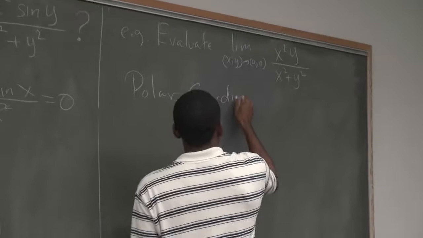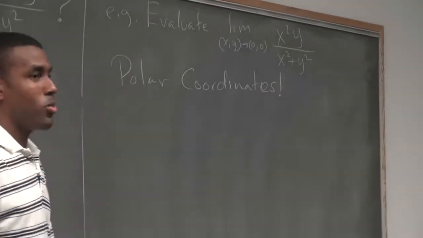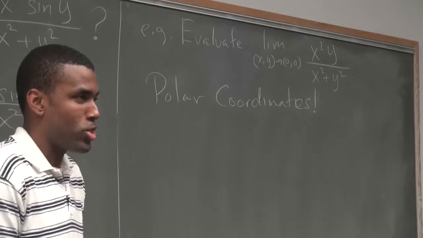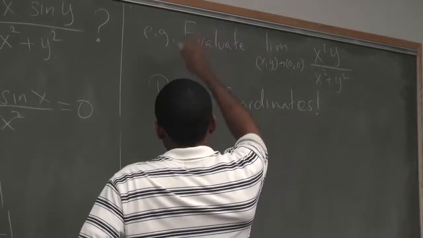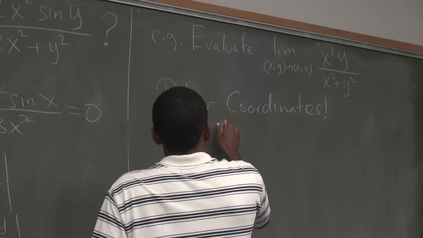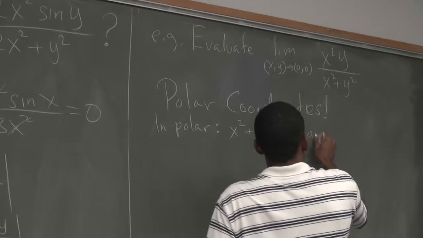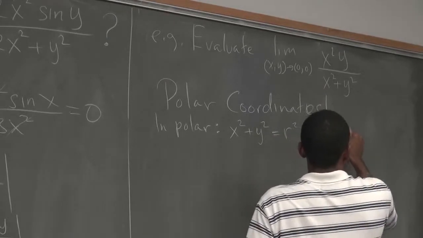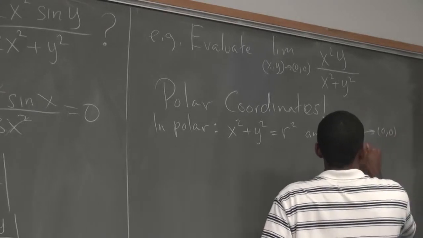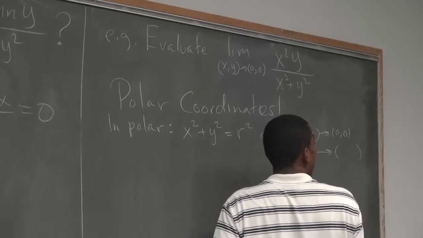Polar. Why? Because we see x squared plus y squared, and one way to get it into a single variable is that x squared plus y squared equals r squared. So in polar, we know that x squared plus y squared equals r squared, and more importantly, as x, y approach 0, 0, r would approach what? 0.